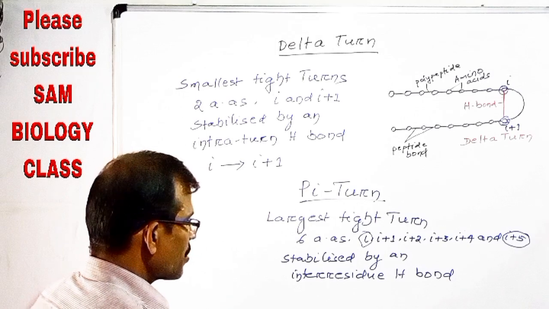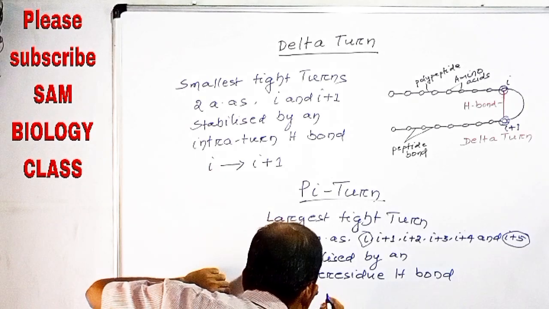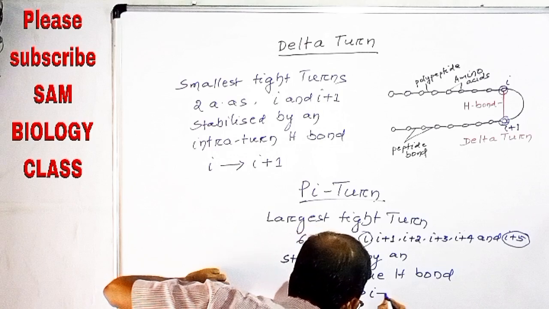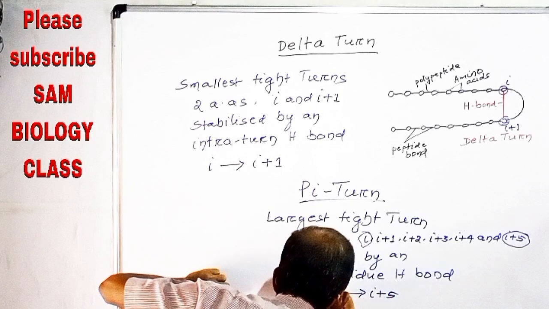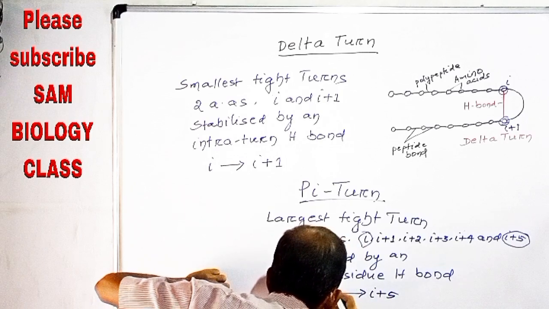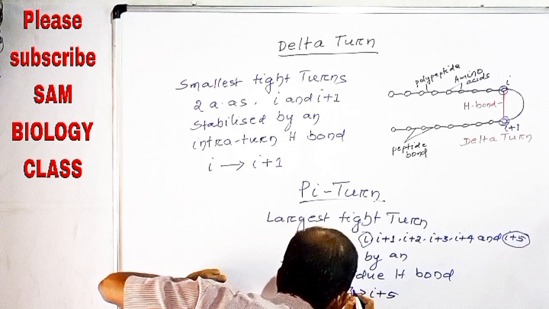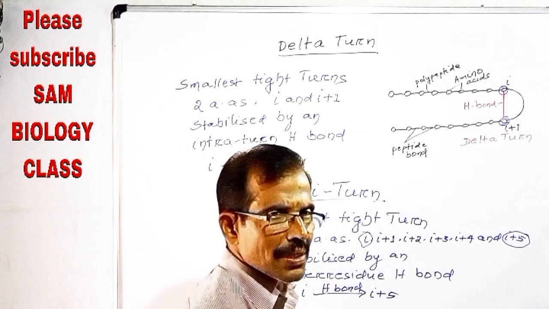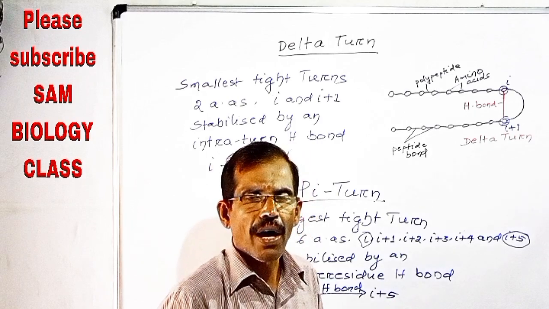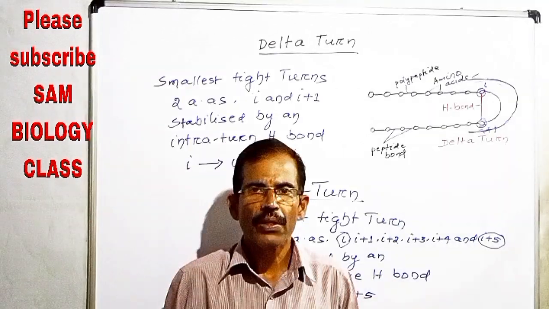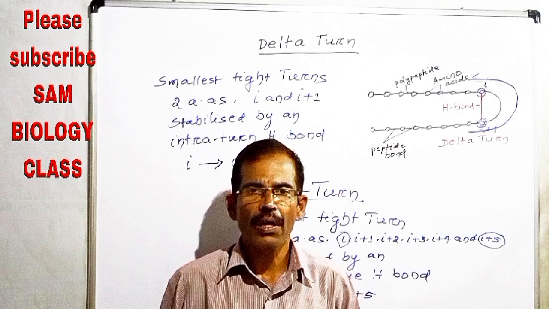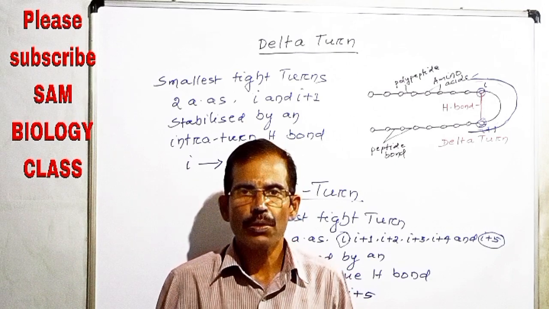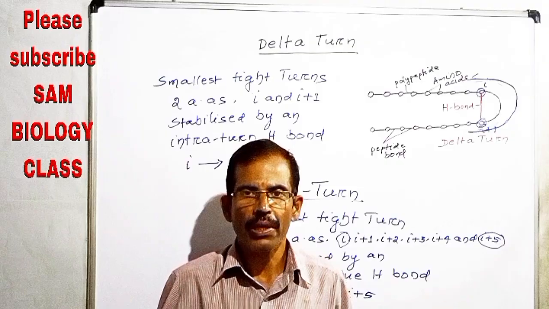So the inter-residue hydrogen bond is formed between amino acid i and i plus 5. This hydrogen bond provides stability to the turn. In pi turn, the end residues are separated by 5 peptide bonds. Because it changes the overall direction of the polypeptide chain, pi turn is also involved in protein folding.